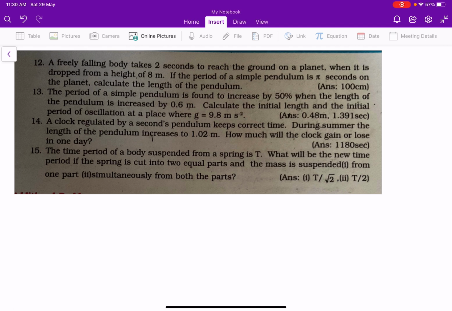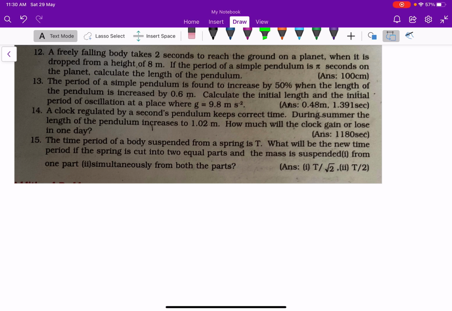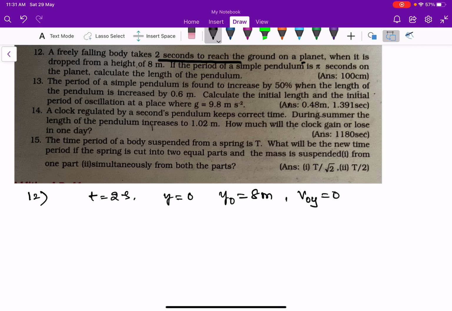Now, question number 12 is: a freely falling body takes 2 seconds to reach the ground on a planet. It takes time t equal to 2 seconds to reach ground, final position y equal to 0, when it is dropped from a height of initial position y0 equal to 8 meters. Dropped means initial velocity v0y equal to 0.